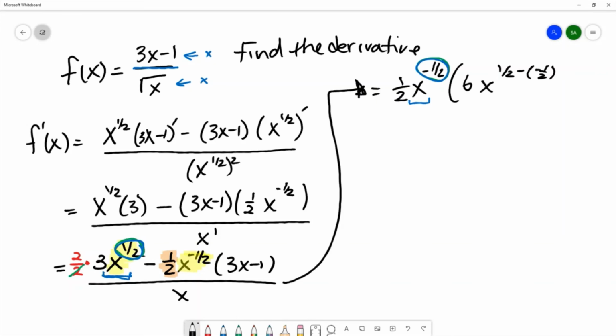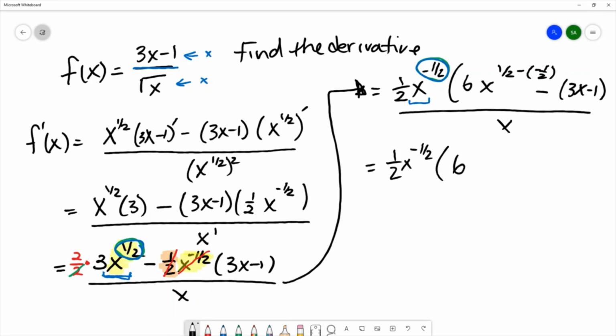And then on the other term, the 1/2 is going to factor out. The x to the negative 1/2 is going to factor out. So I'm going to be left with minus 3x minus 1 over that denominator of x. This is going to give me 1/2 x to the negative 1/2 times 6, and I'll simplify this exponent here. 1/2 minus negative 1/2 will be 1/2 plus 1/2, which is 1.